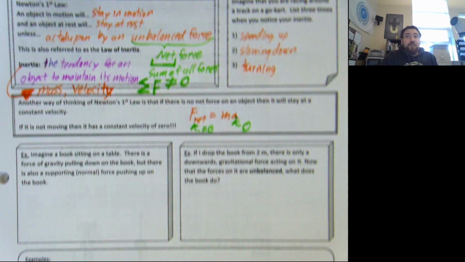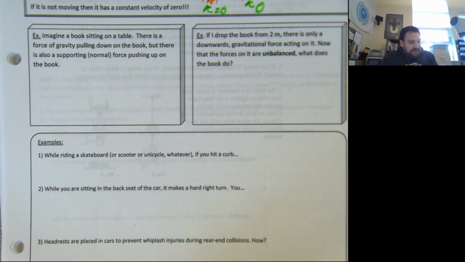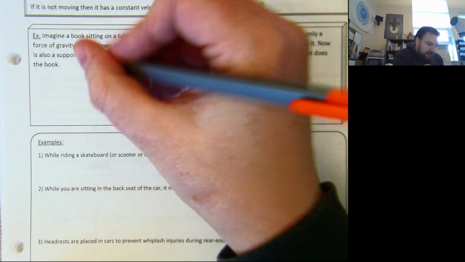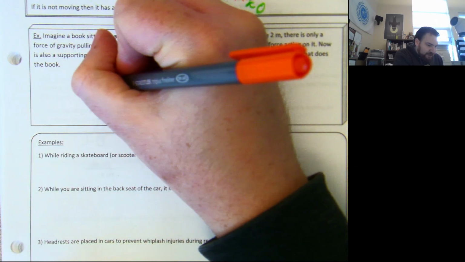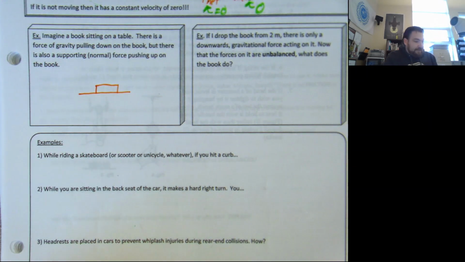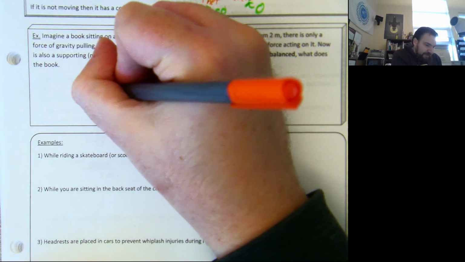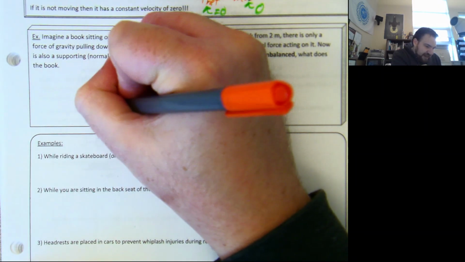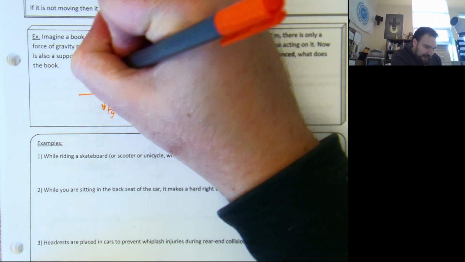So imagine, if you will, a book sitting on a table. There is a force of gravity pulling down on the book, but there is also a supporting normal force pushing up on the book. It's the same kind of free body diagrams you guys drew yesterday. I've got my table. I've got my book. We have Fg down. We have Fn up.